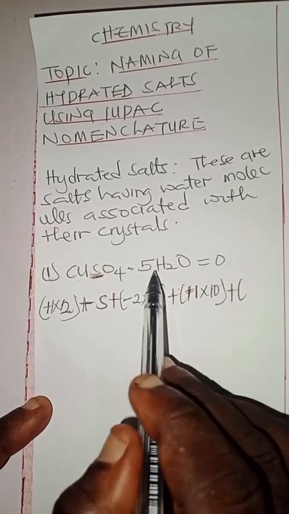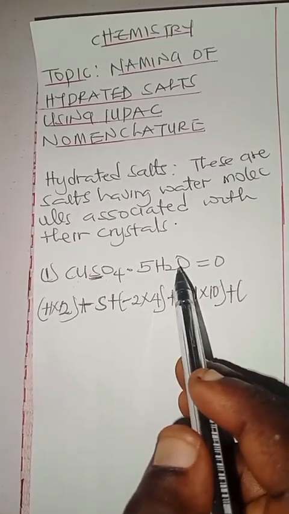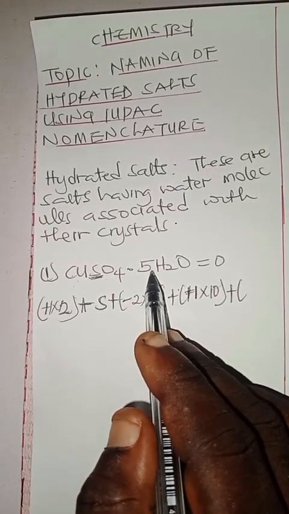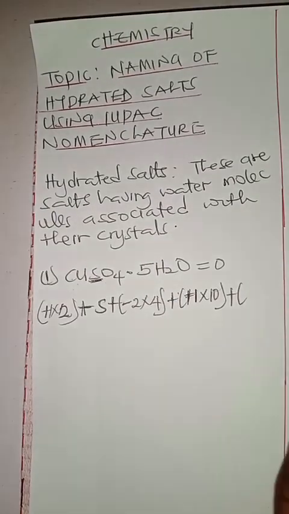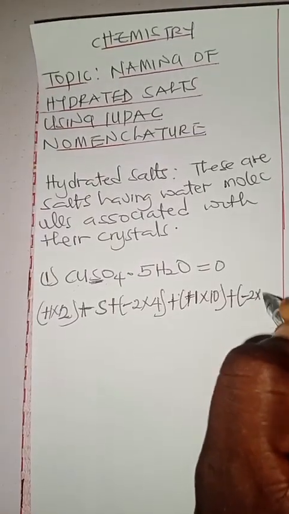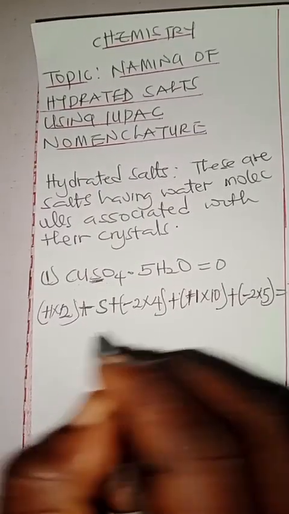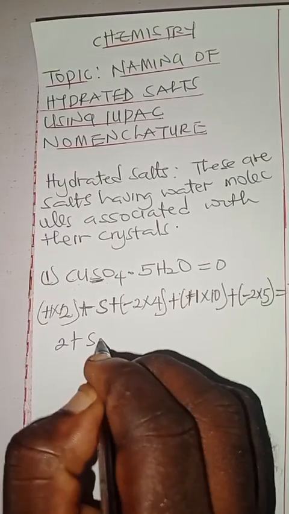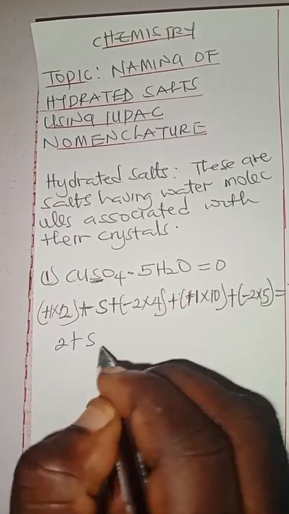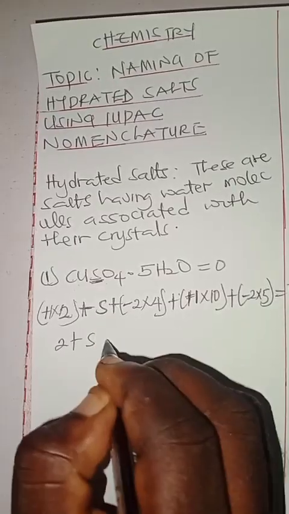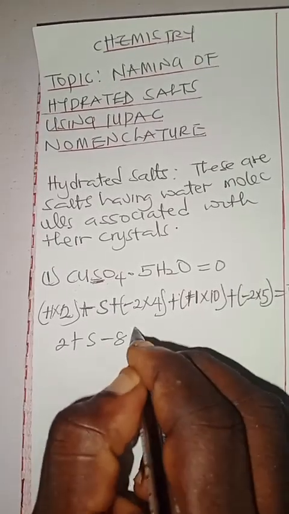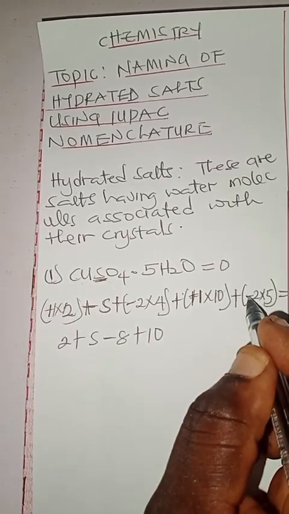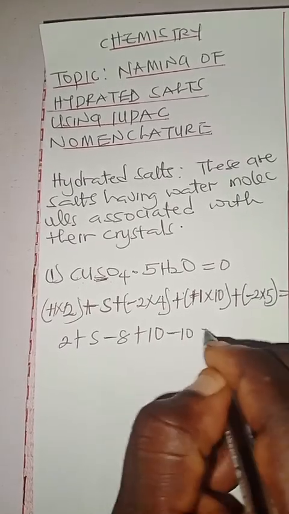Plus, in this case, oxygen here has oxidation number of minus 2. And how many atoms of oxygen do we have? That's 5. Minus 2 times 5. Sum everything to 0. Here you have 2 plus x minus 2 times 4, that would be minus 8, plus 1 multiplied by 10, that's 10, and minus 2 times 5, minus 10, is equal to 0.